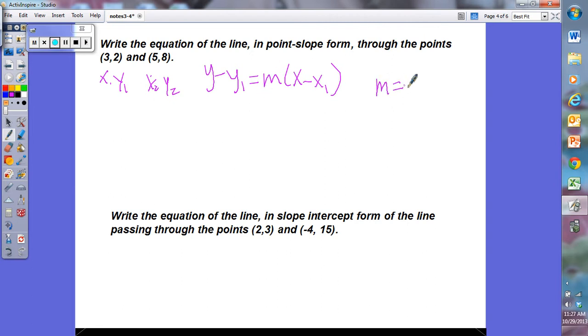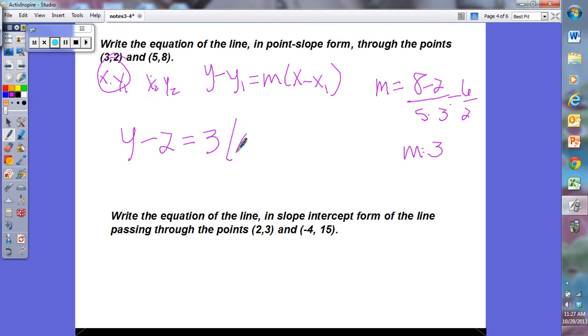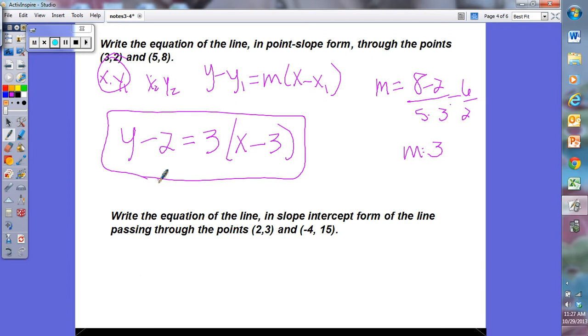So m is y2 minus y1 over x2 minus x1. 6 over 2, m is 3. So now just pick one of these points, I'll use this one, and plug it in. Y minus 2 equals m, which is 3, times x minus 3, because that's x1. That's in point-slope form, and that is the equation of the line.